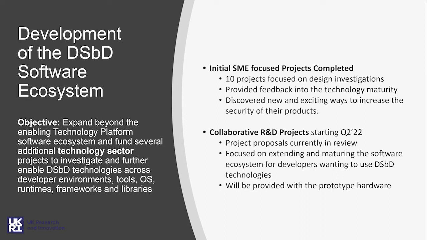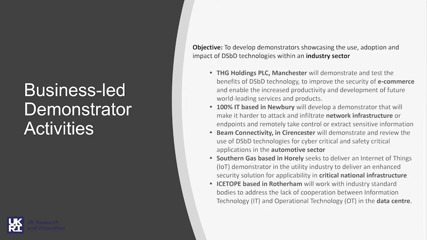Again, a competition, which hopefully is starting next quarter, has been defined within this part of the program as well. And then the final part has been exposing it to the industry sector. The Hub Group, a major e-commerce company, has been looking at what it means to have secure e-commerce using these technologies.